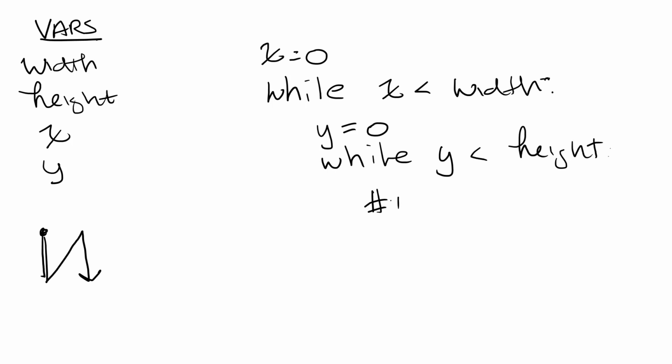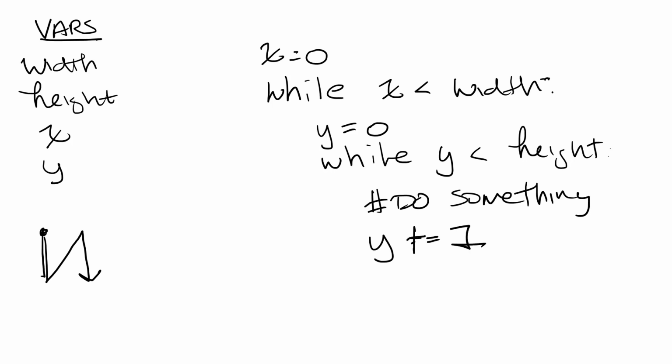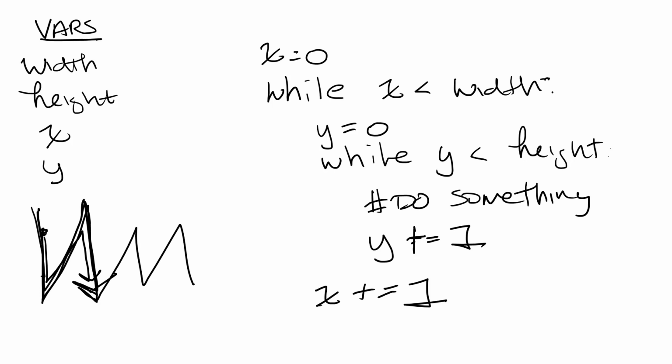Here is where we do something. Y plus equals 1, and then jump out of this code block, x plus equals 1. And again, we're traversing the image down the column to all the rows, to the next column, so on and so forth.